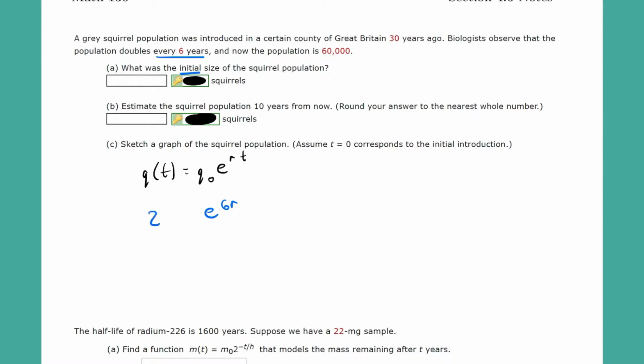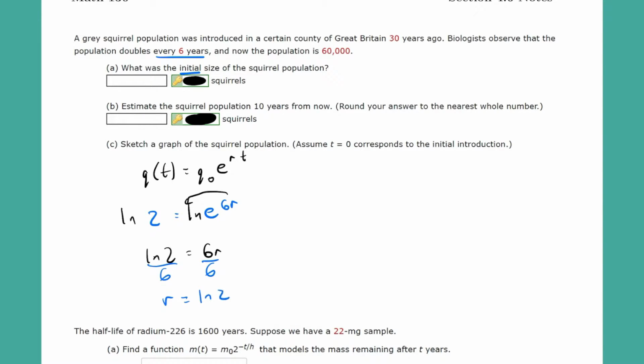The natural log of both sides will allow us to solve for r. So that's going to be ln of 2 equals 6r ln of e. But remember, ln of e is just 1, so that goes away. To solve for r, all we've got to do is divide by 6.